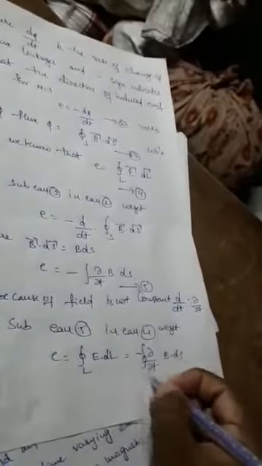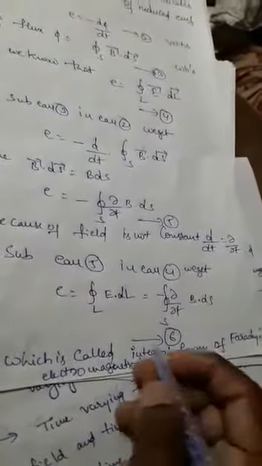Substituting equation number 5 in equation 4, we get E is equal to the closed line integral of E dl is equal to minus dou by dou t of the closed surface integral of B dS, which is equation number 6, which is called the integral form of Faraday's laws of electromagnetic induction.